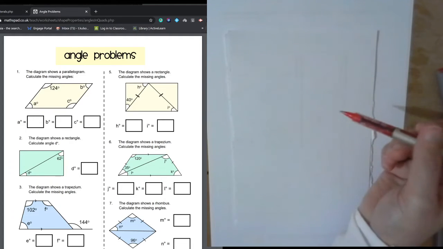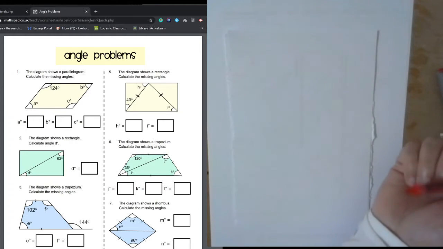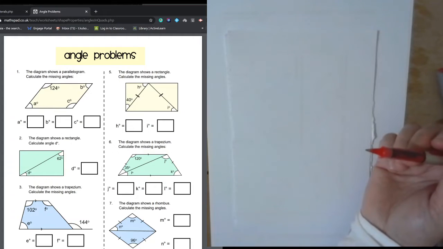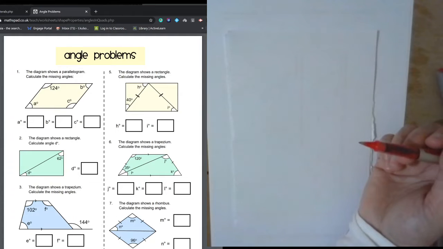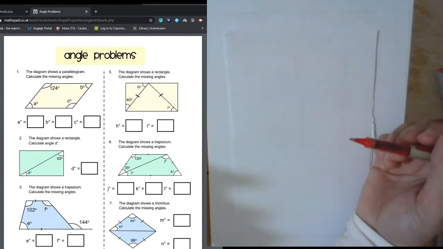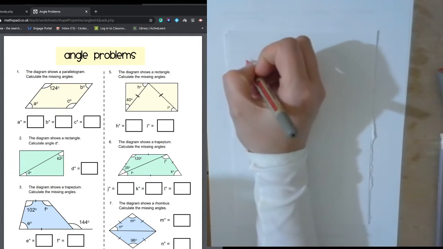I'm just going to sketch them here because I don't have a printer at home, so I need to sketch them on pieces of paper. So it says angle problems. I'll work through a couple of them, but I would expect you to be able to do them by yourself. If I work through one question, there's 3 there, so that's fine. I'll work through the first question.